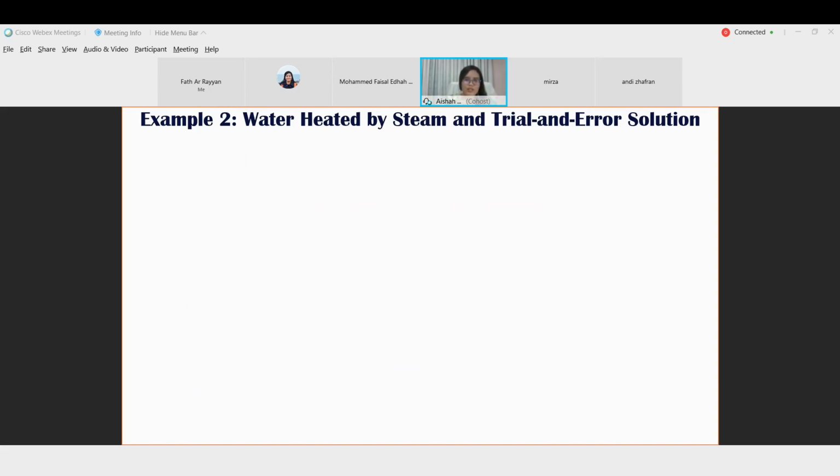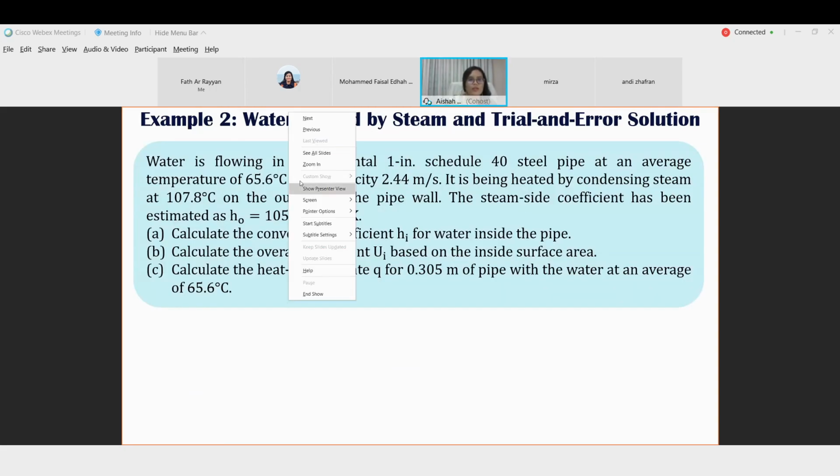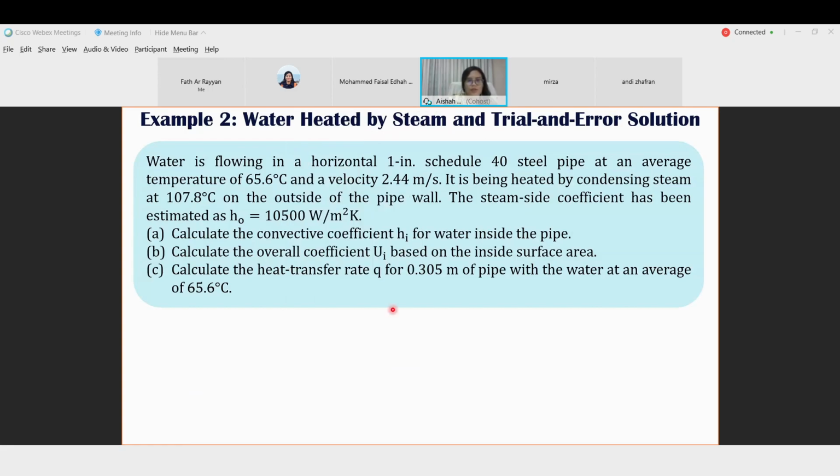So the question goes like this. Water is flowing in a steel pipe. The diameter of the pipe is given as 1 inch.